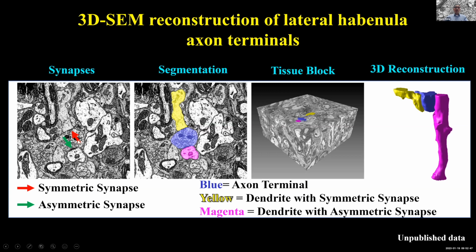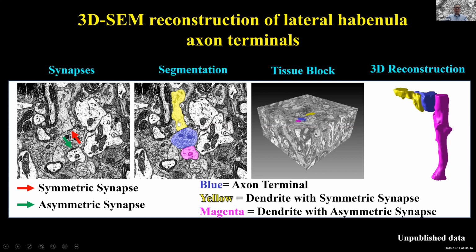But we know in the lateral habenula, 70% of the terminals co-express VGluT2 and VGAT. We are still not sure, but we found some terminals have symmetric and asymmetric synapses, and from 3D reconstruction, we found these dendrites are from different neurons.